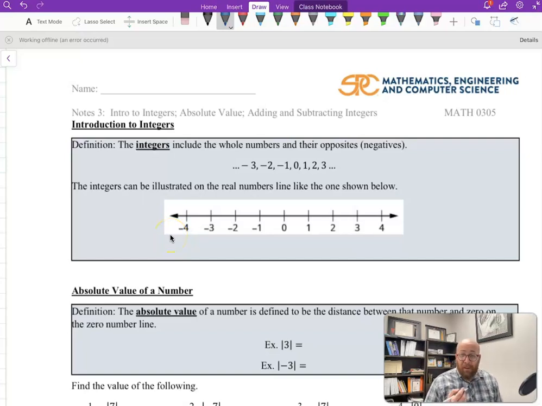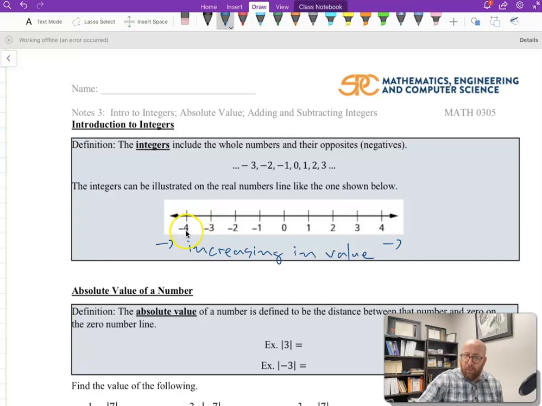Another important thought to keep in mind here is that as we move along the number line from left to right, the numbers are increasing in value. So we can see that 1, 2, 3, 4, the numbers are increasing in value.